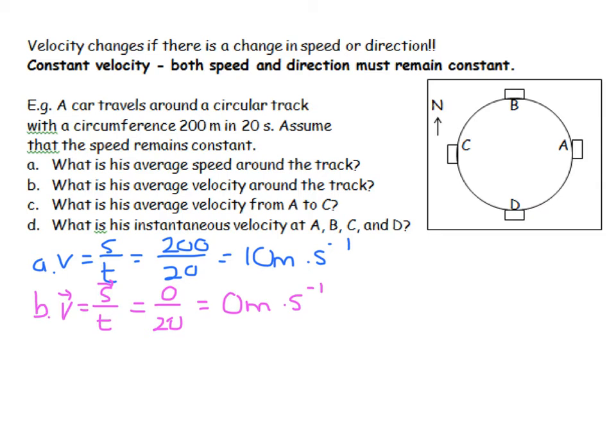What is his average velocity from A to C? I'm going to first need to work out the radius of this circle. So if I have circumference is equal to 2 pi r, we know that the circumference is equal to 200, and therefore the radius turns out to be 31,83 meters.